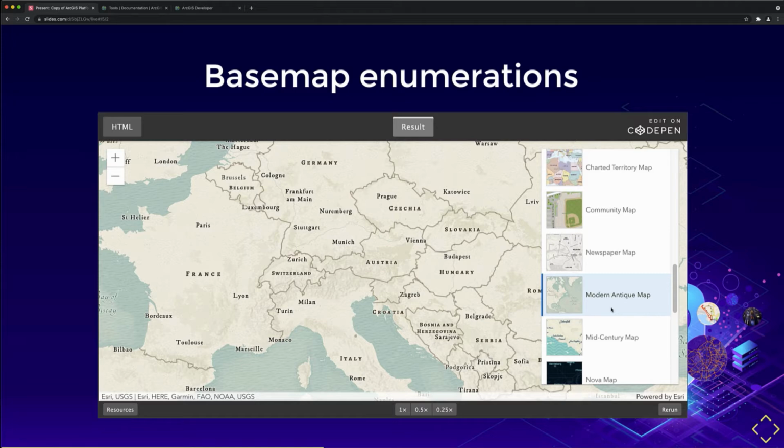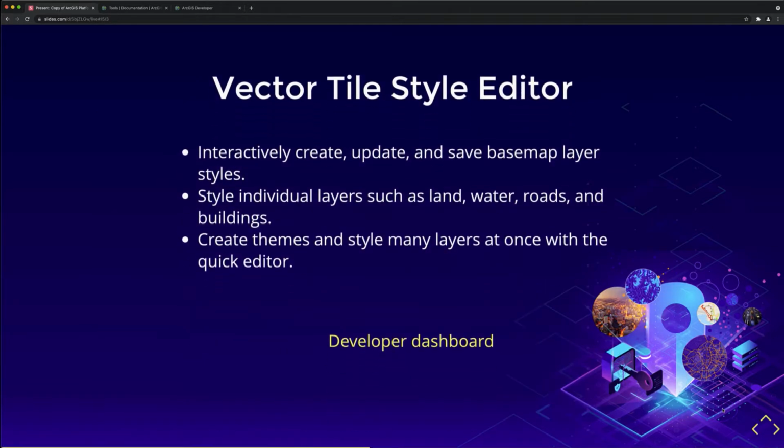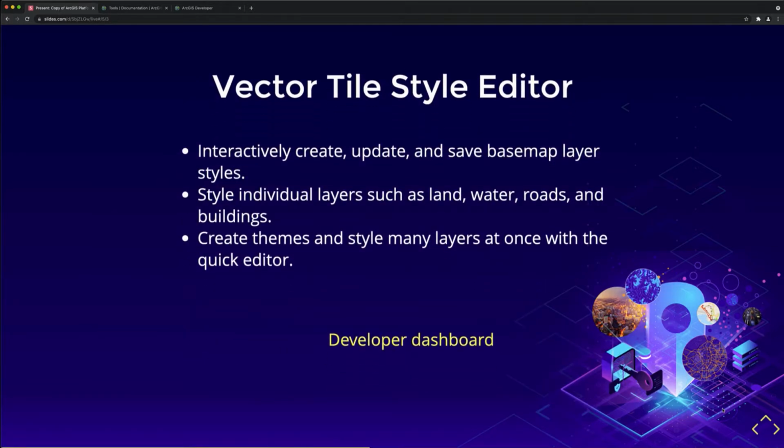But what if none of these basemaps are quite right for your application, or maybe you like the topographic basemap layer but don't necessarily like the color scheme? Well, this is where the Vector Tile Style Editor comes in, where you can interactively create, update, and save basemap layer styles. You can style individual layers such as land, water, roads, and buildings, and then save them.